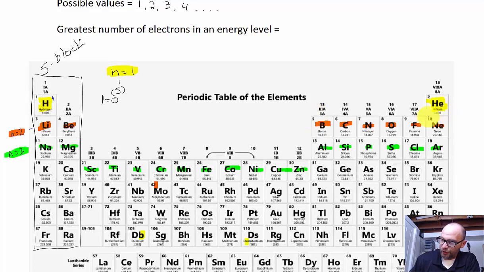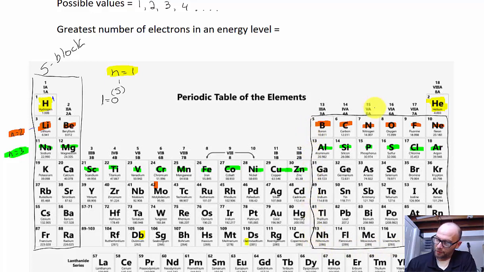This section over here is known as the p block, and in the p block are all of these elements.